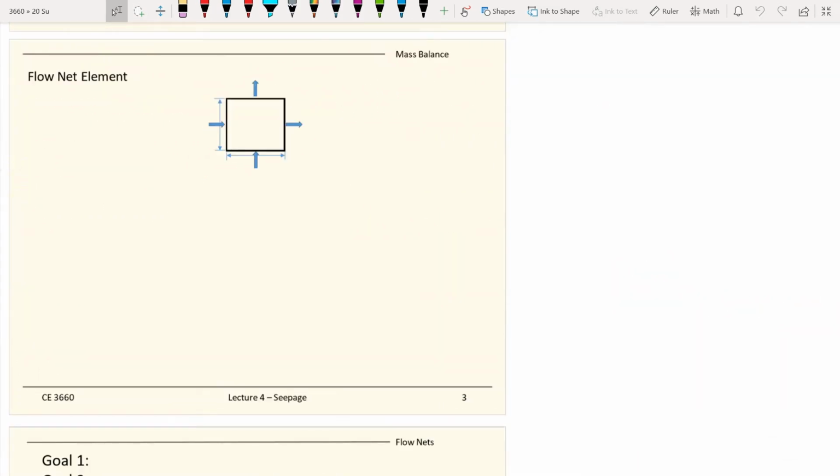Okay, before we dig into the details of the engineering side of using flow nets, let's step back and look at some theoretical background. In order to construct a flow net, the theoretical basis is thinking about the mass balance of water going through soil elements.